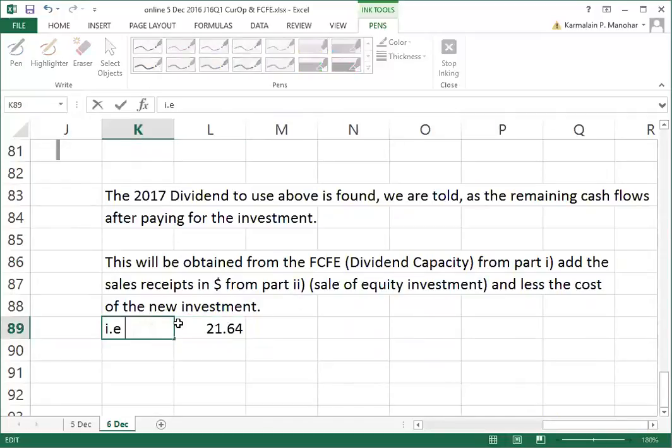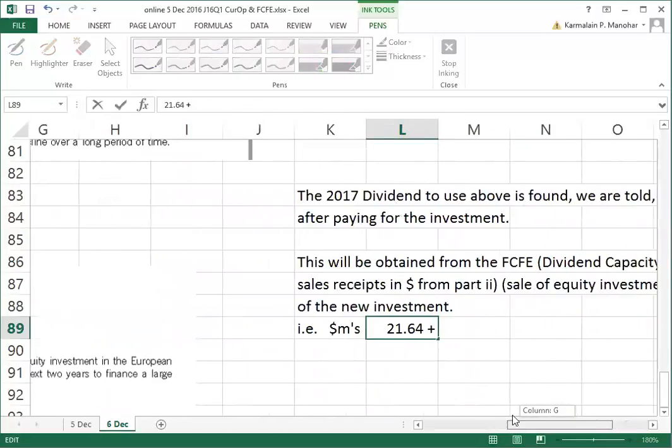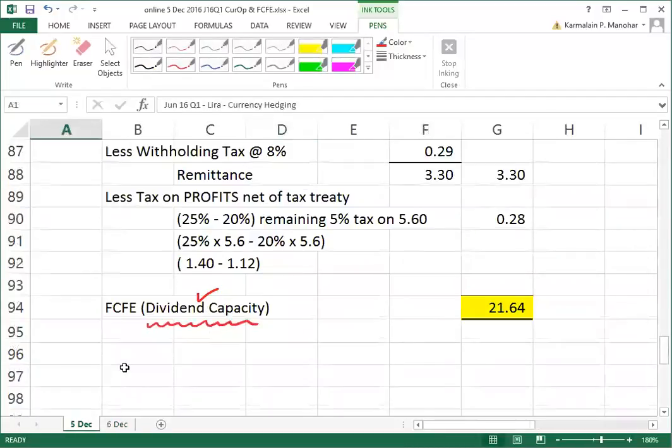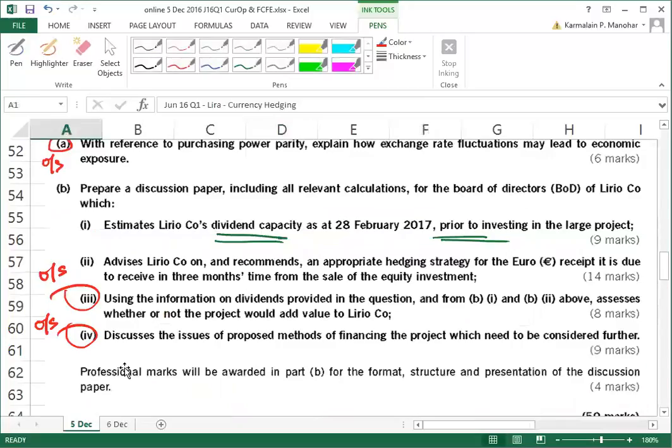Let me work that here. Dollars, millions, 21.64. Plus, what was our sale? Did we do that part with the sale? So part 1, part 2.